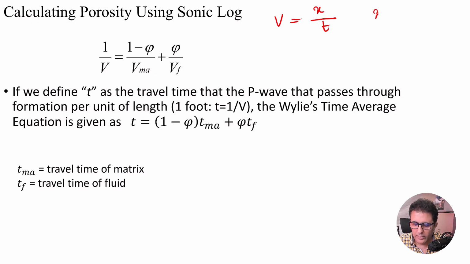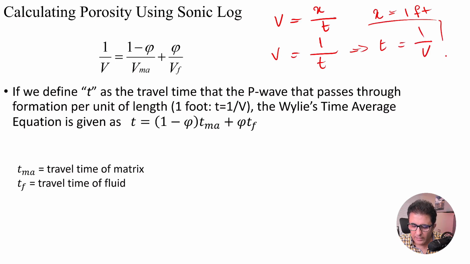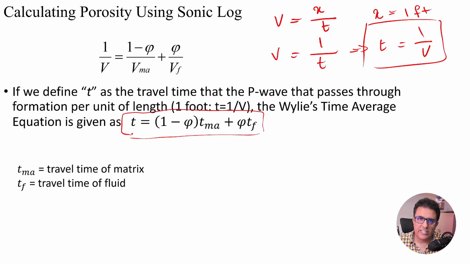So if you assume x to be 1 foot, the unit of length, then we're going to have velocity equal to 1 over t, and t is the travel time of seismic wave over 1 foot. So in such a case, I can say that t is equal to 1 over v, and then I can rewrite the Wiley time average equation in terms of the travel time.